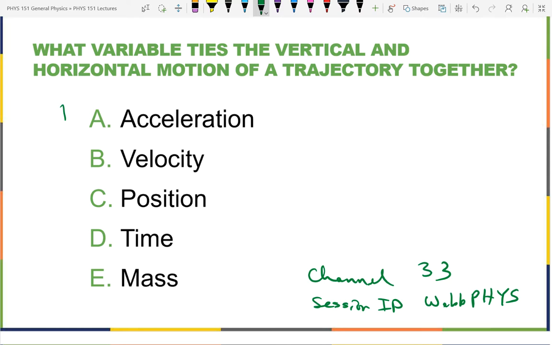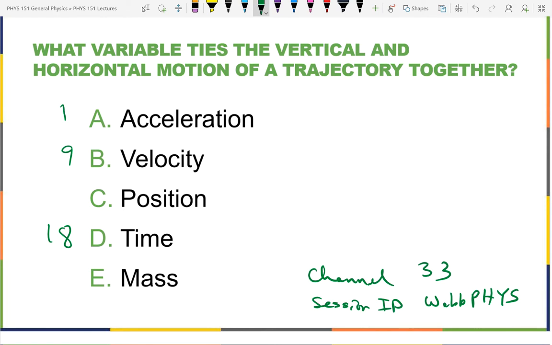So one person said acceleration, 9 said velocity, and 18 said time. So let's go straight to Ashley Morrow. Give us your answer and why. Well, when we talked about the x-axis and the y-axis, we can care about the time in the last problem that we worked out, but that was how we could connect the distance from it going up and the distance that it fell down.